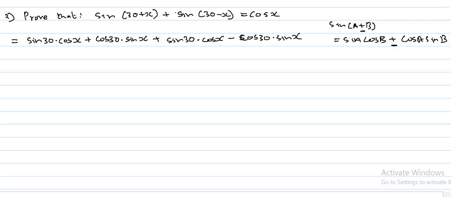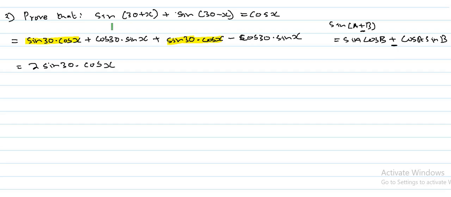So let's check if we have like terms. Sine 30, sine 30, cos x, cos x. These are the like terms. So this will be 2 sine 30 multiplied by cos x.